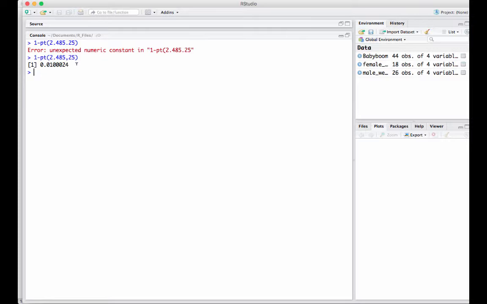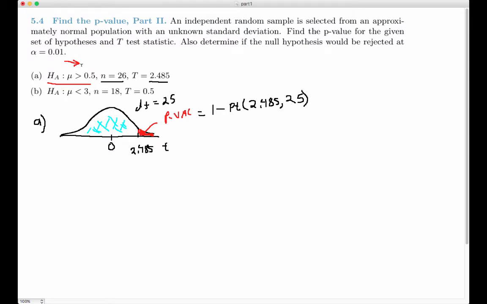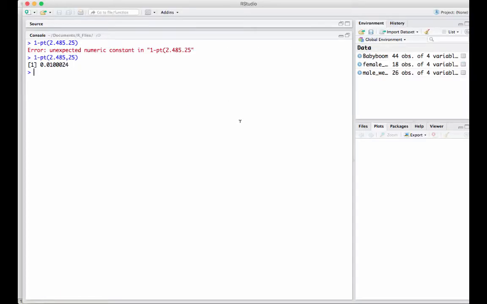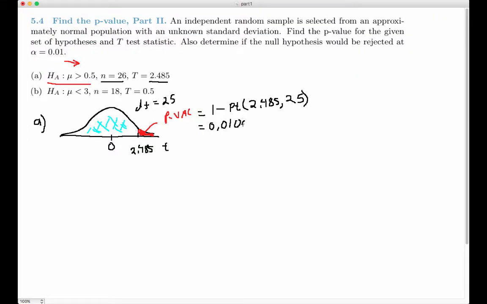So what do we get? We get basically that the p-value is a little bit bigger than 1%. Not by much, but it is bigger than 1%. So if we were to answer the question, would we reject the null hypothesis at alpha equal to 1%, our p-value is equal to 0.01 and then 0.00024, which is greater than 0.01, not by much.